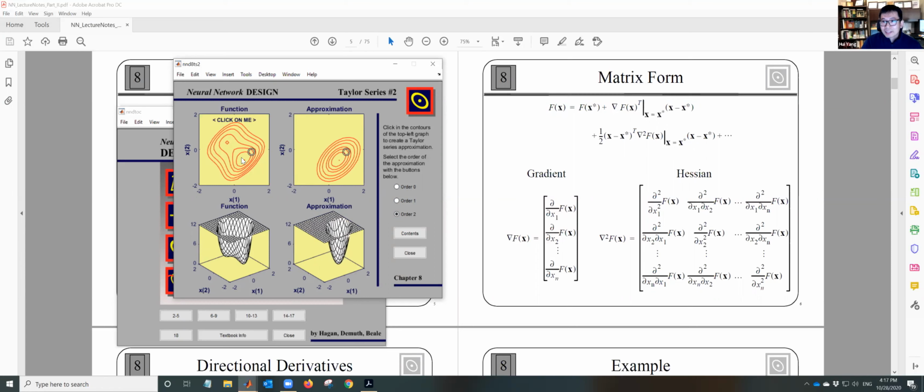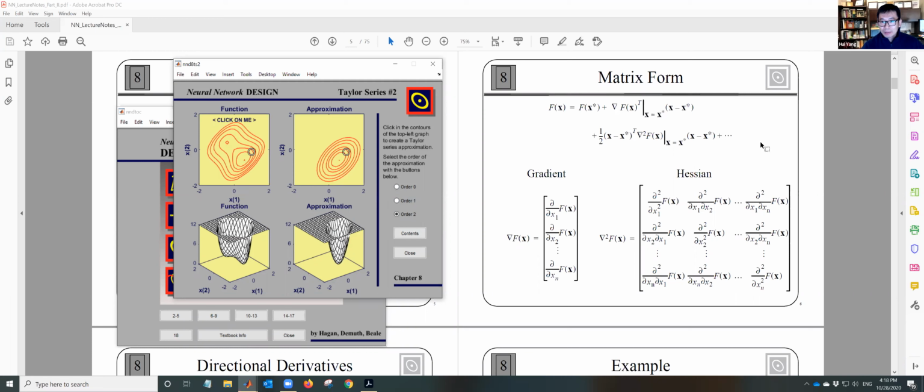Can somebody give me some insights? The order 1 is the linear approximation of the function at a given point, and order 2 is the quadratic approximation. Excellent. With order 1, you stop right here, and with order 2, you include both of them.